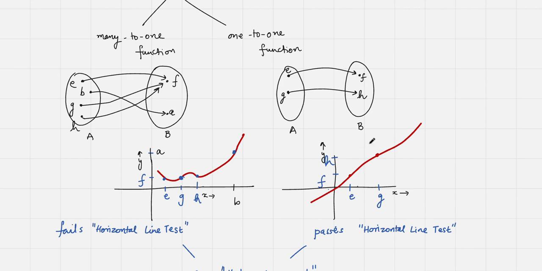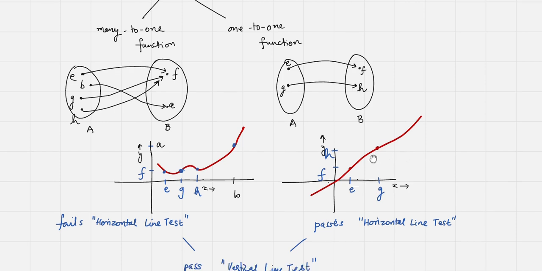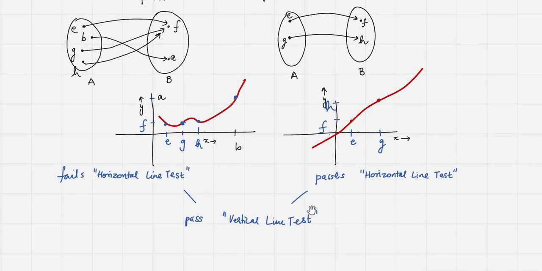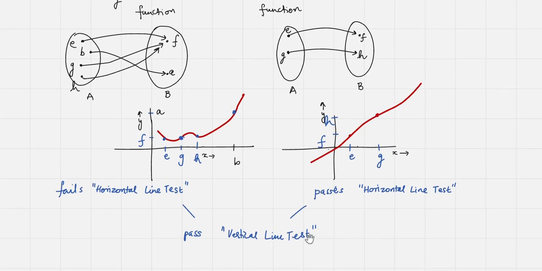Now it is going to pass the horizontal line test. It is also going to pass the vertical line test. Any vertical line hits only one point, and any horizontal line hits only one point on the function. Of course, both kinds of functions, whether many-to-one or one-to-one, pass the vertical line test because it's a function. A relation, remember, may not pass the vertical line test.